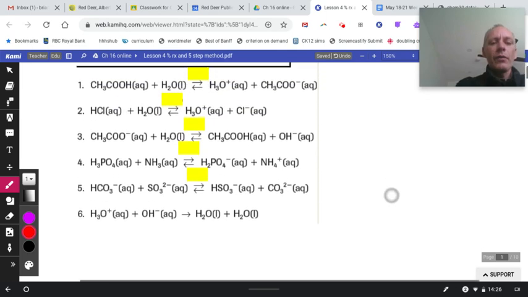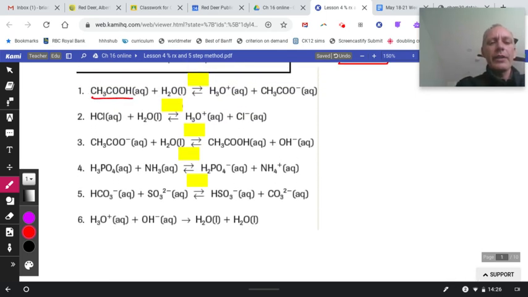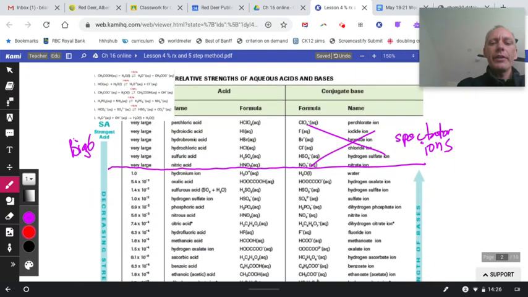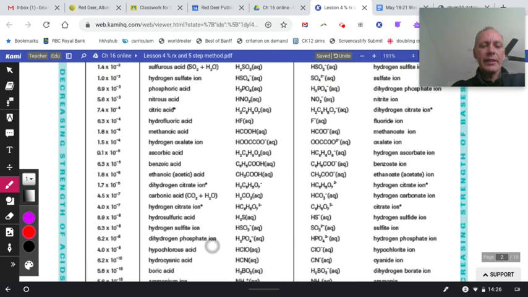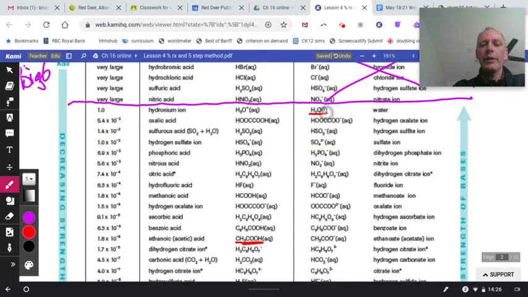Okay, so first one we're going to look up is acetic acid in water, vinegar in water. Acetic acid is right here as an acid, and there's water. So we have a weak acid and a weak base.